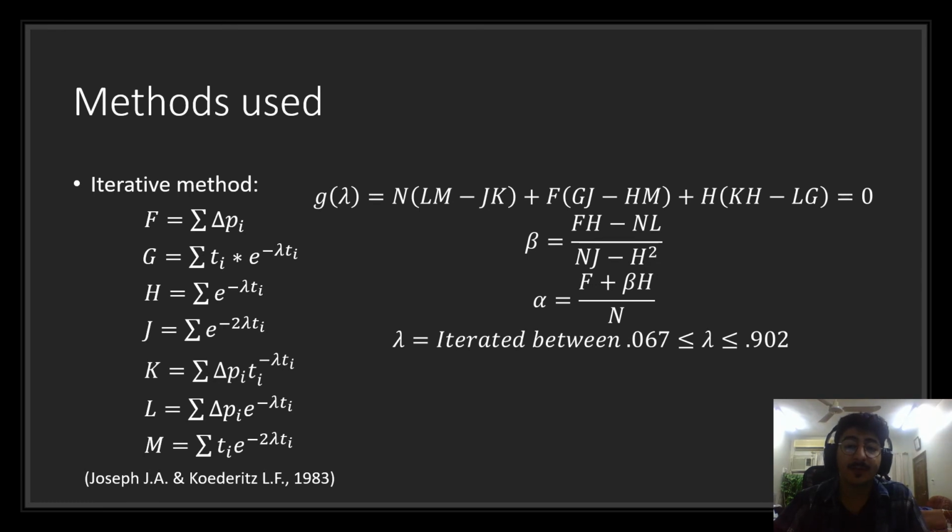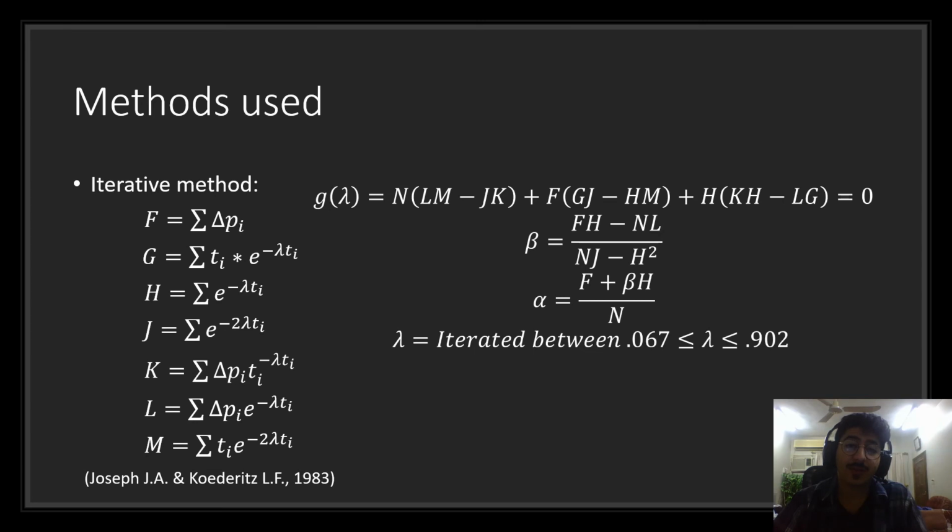The idea behind this method is an iterative solution to choose every time a value for lambda, and depending on that value of lambda, we will generate f, g, h, j, k, l, m values, and using those values we will find alpha and beta.